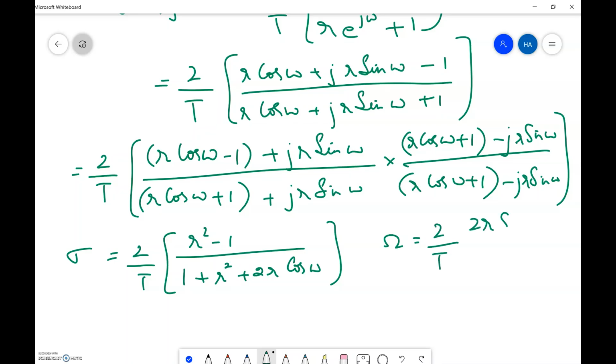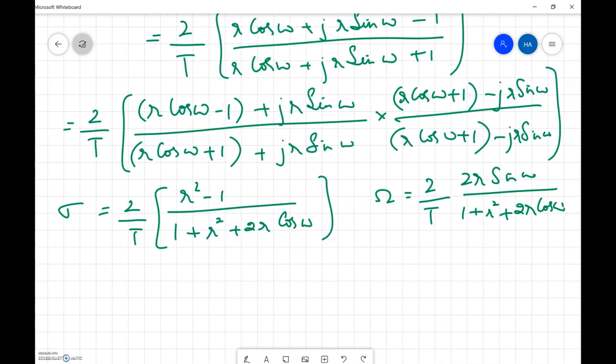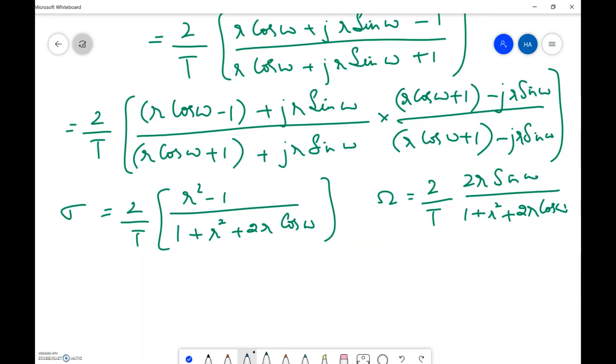If you compare, you're going to get this term 1 + r² + 2r cos ω. So that will be the imaginary term. Now here we can clearly see the real part, that is the sigma value which we have. Call this equation 1 and equation 2.